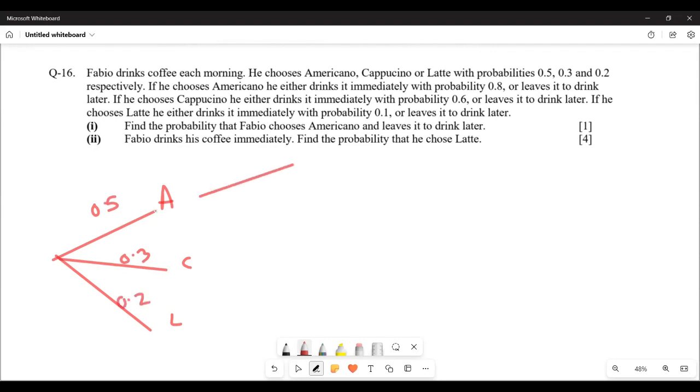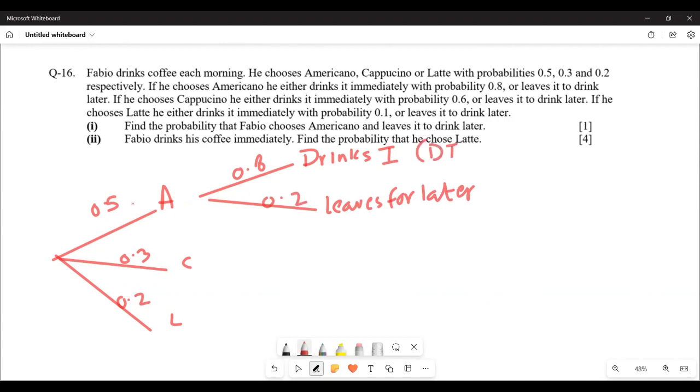If he chooses Americano, he drinks it immediately with a probability 0.8, or leaves it to drink later, leaves for later is 0.2. Now I will write drink immediately here, and leave for later, LL.